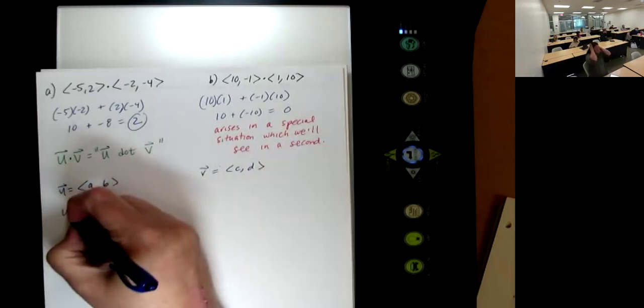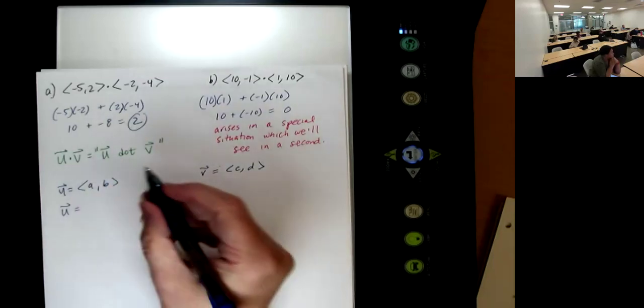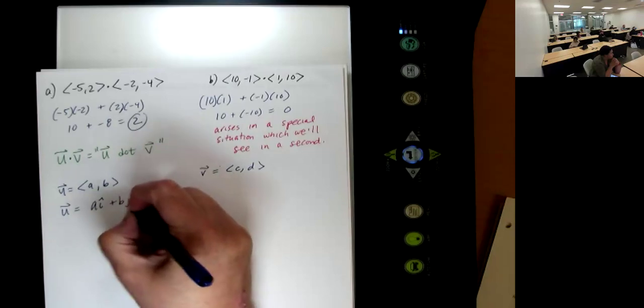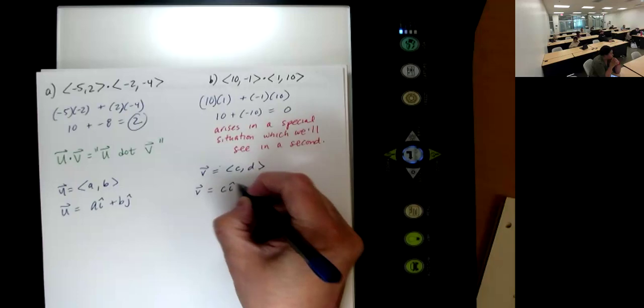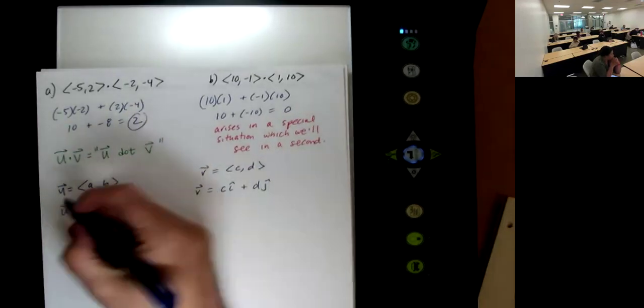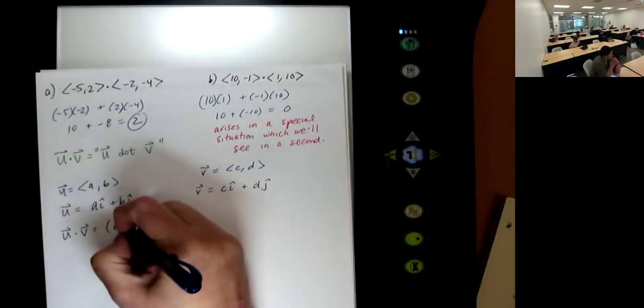And I can write this as u equals a i hat plus b j hat, and v is c i hat plus d j hat. So when I'm doing u dot v, I'm really multiplying these.